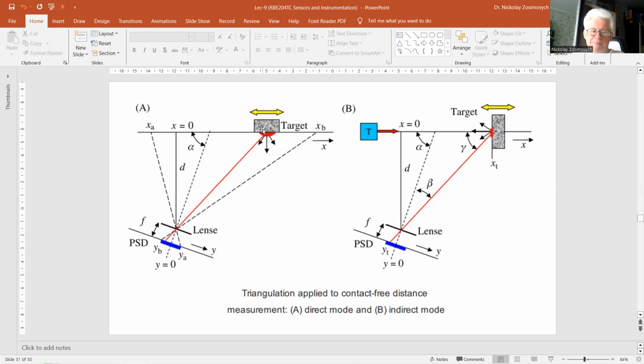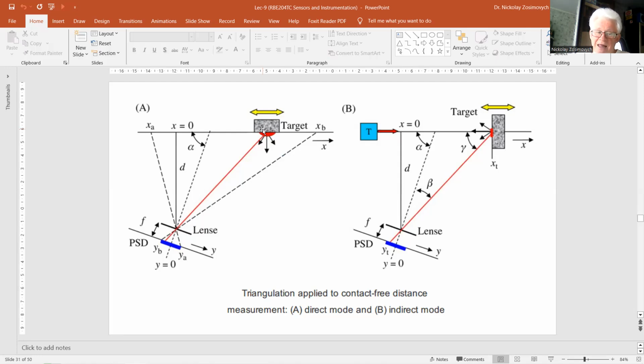And in general, the optical position and orientation of the PSD should fulfill the Scheimpflug configuration or Scheimpflug condition in order to have the spot always in the focus of the PSD, irrespective of the distance.